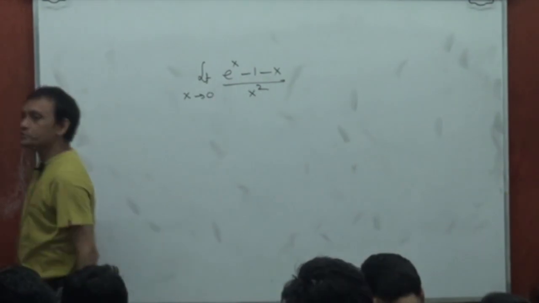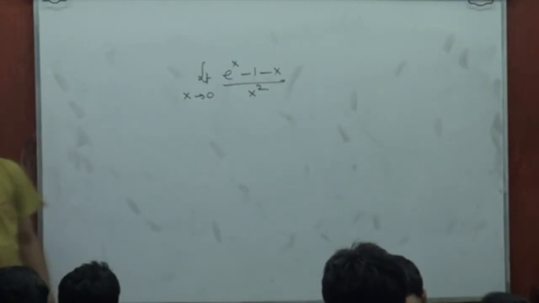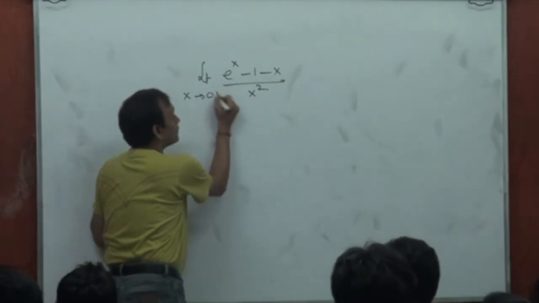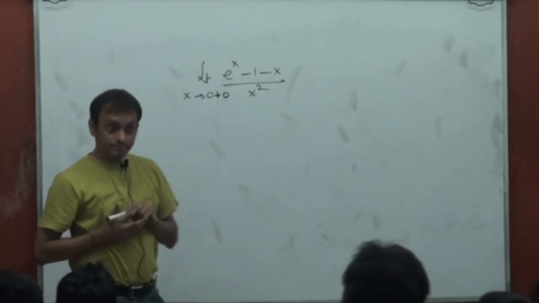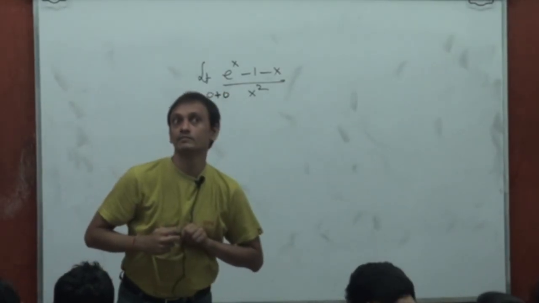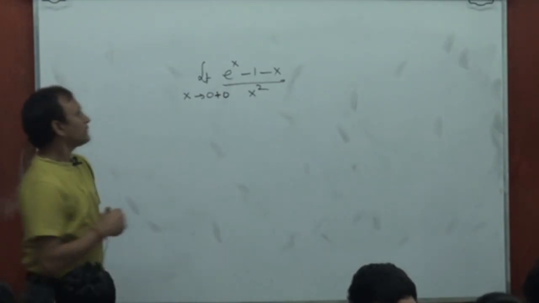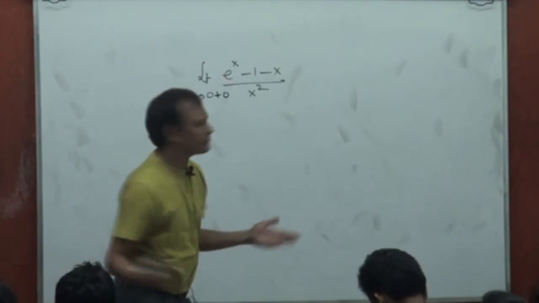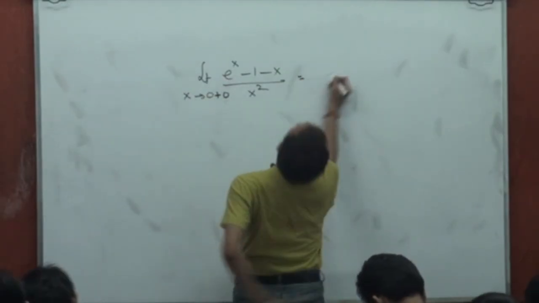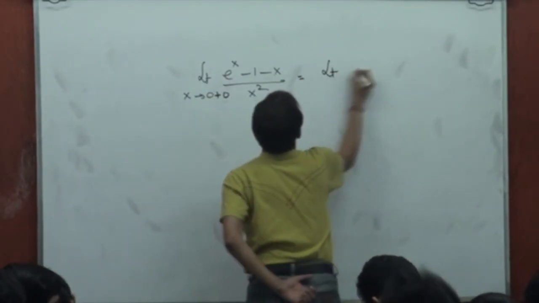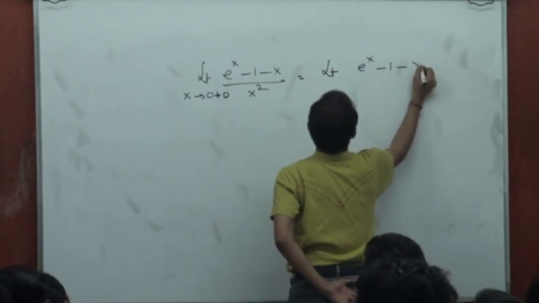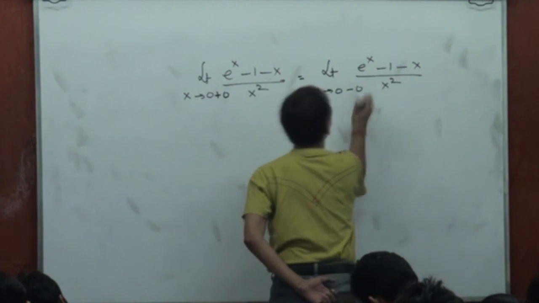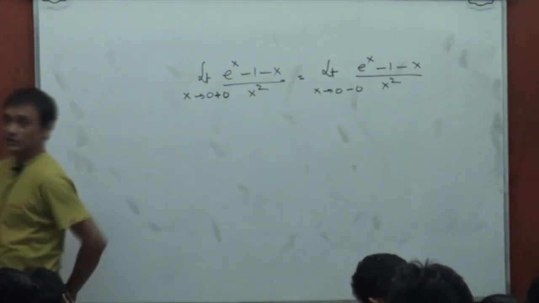Limit of (e power x minus 1 minus x) by x squared. Let me look at the right hand limit of this. That must be the same as the left hand limit of this, x tending to 0 from the less than 0 side, right?